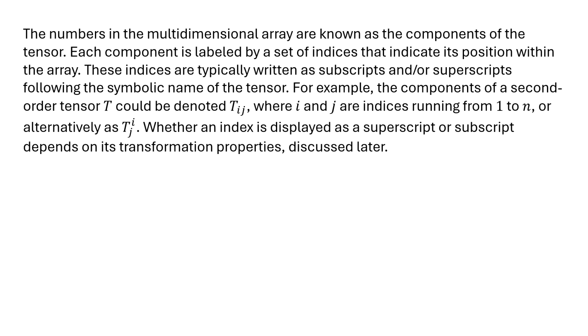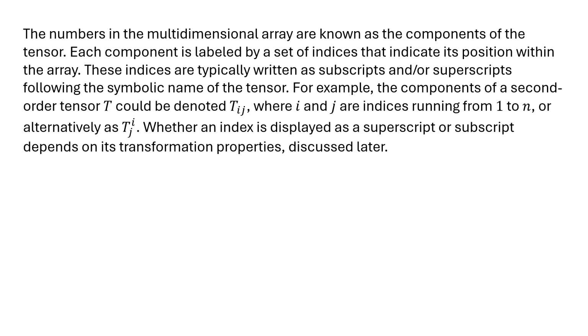The numbers in the multidimensional array are known as the components of the tensor. Each component is labeled by a set of indices that indicate its position within the array. These indices are typically written as subscripts or superscripts following the symbolic name of the tensor.